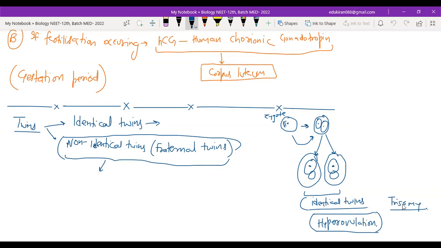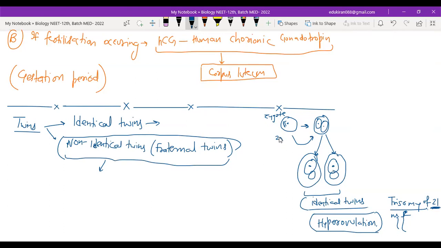Down syndrome is trisomy of chromosome number 21. Chromosome number 21 should have two copies, one from the mother and one from the father. Somehow, when the zygote is forming, the zygote is a single diploid cell.